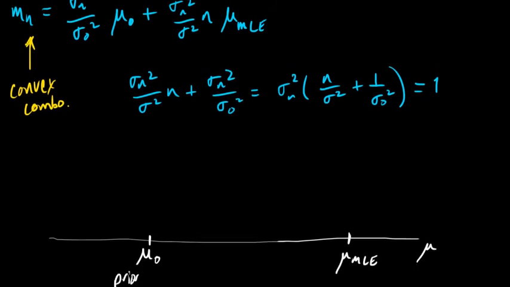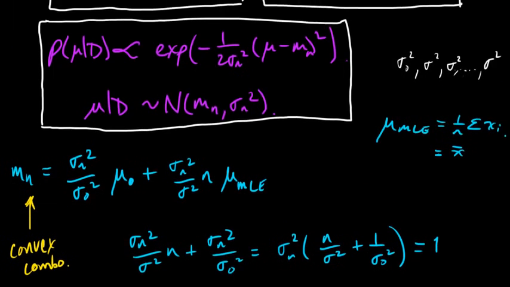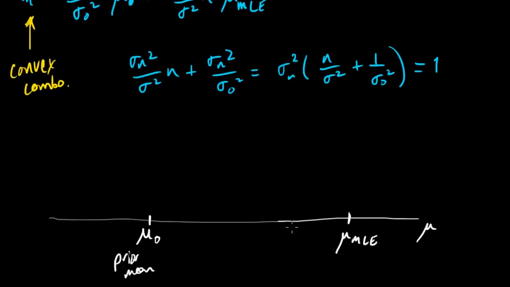So what this says, it's a convex combination, so it's somewhere on the straight line between these two. In this case, they're just real valued numbers, so it's just somewhere between these two on this interval. So maybe it's here. That's Mn, the posterior mean, or the MAP.